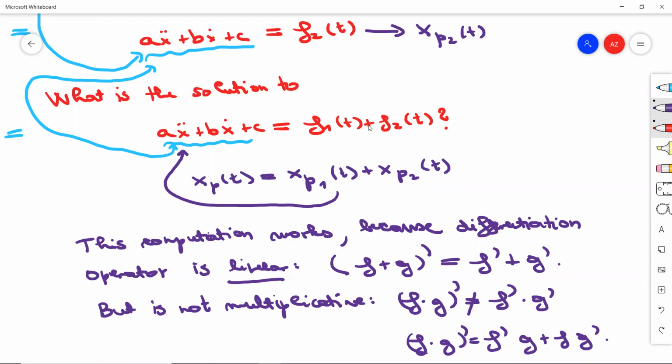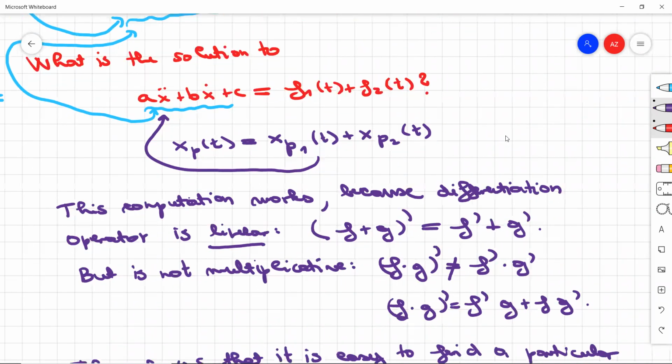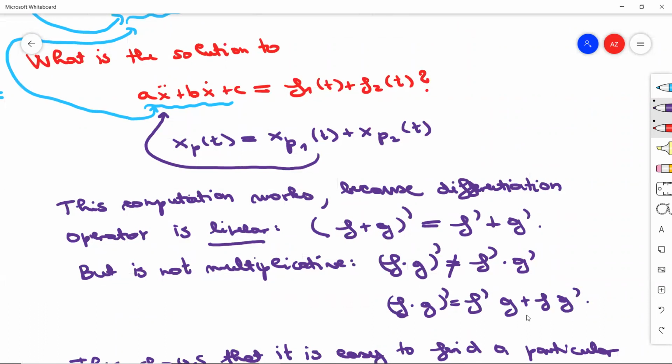However, if we have a product here, then we won't know what would be the proper solution, knowing only the solution to each of the factors, because the differentiation operator is not multiplicative. If it was multiplicative, then it would be easy. But since it's not, having a product of functions is not that easy to determine the particular solution, even if we know the solution to each particular factor.